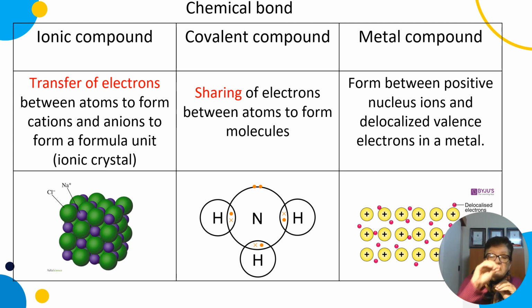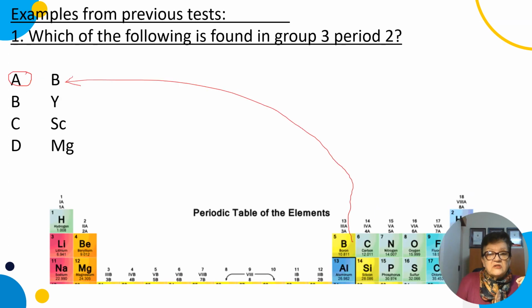So we refer to this motion of the electrons, we say they are delocalized valence electrons, and that makes the metals good conductors.